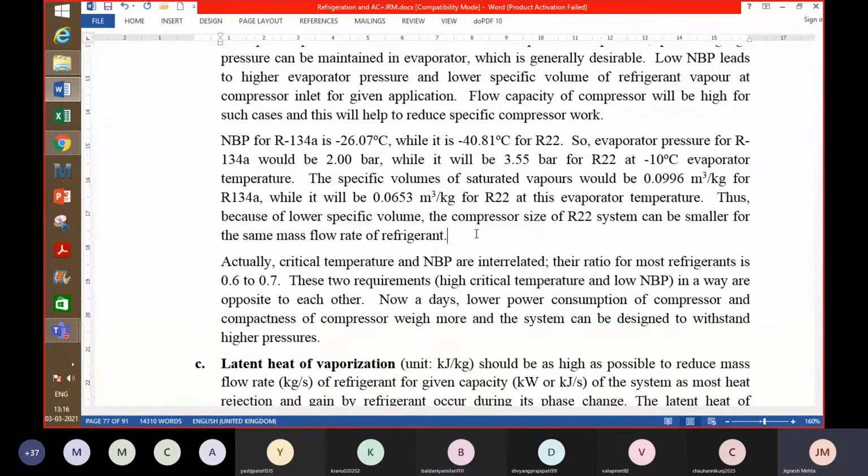You have to compromise between these two to finally select the refrigerant. Nowadays, lower power consumption of the compressor and compactness of the compressor are considered to be more important, right? And condensers are many times designed with higher pressures.